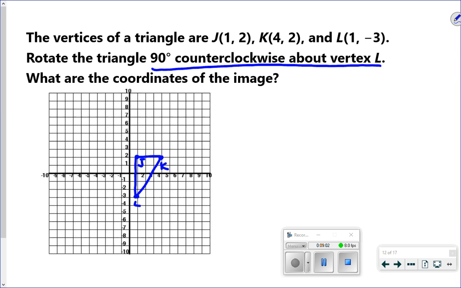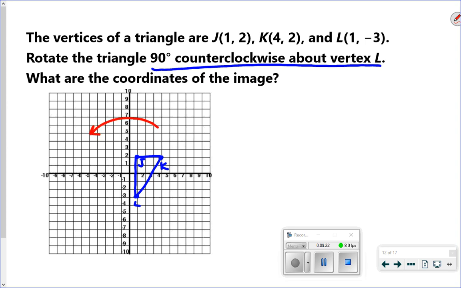So when you do a rotation around a point, you have to think about how the images are related. So 90 degrees counterclockwise. Okay, so we're rotating 90 degrees counterclockwise, which means we're imagining it flipping this way.